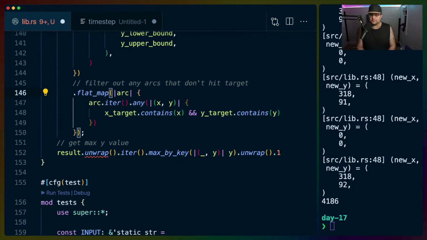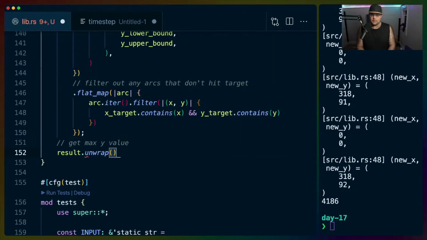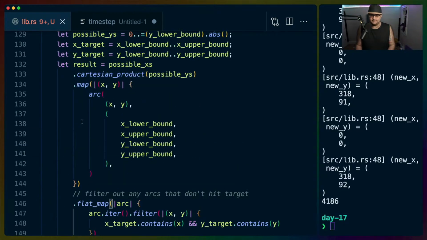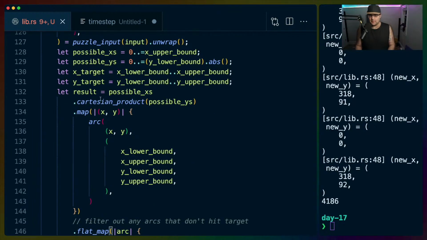We'll take the arcs, and the arcs will filter down to XY, where X contains X and Y contains Y, which gives us all of the positions. Result unwrap dot length. So result not. Right? What is result now? Rust analyzer, please tell me what I made result.